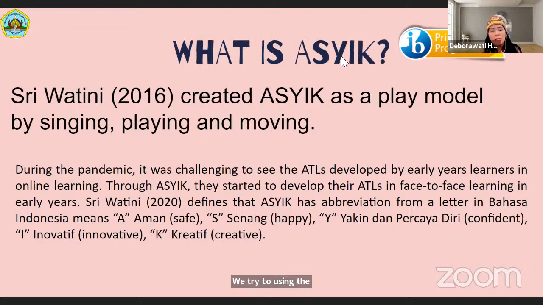Sri Watini in 2020 defines that ASYIK is an abbreviation from letters in Bahasa Indonesia: A for safe, Aman; S for happy, Senang; Y, Yakin dan Percaya Diri, for confidence; I, Inovatif, for innovative; and K, Kreatif, for creative.